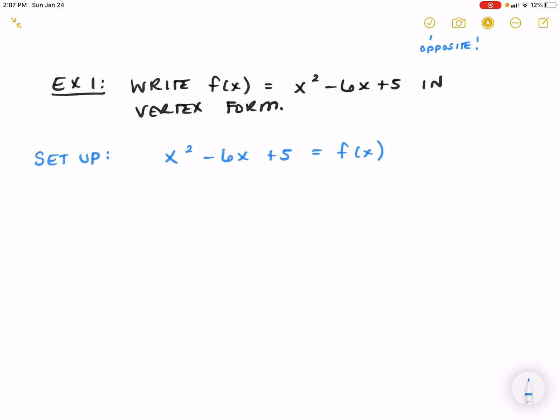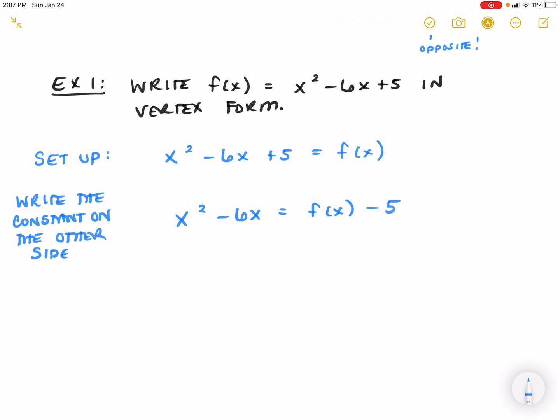Our first step of completing the square is to write the constant term on the other side of the equation, using whatever opposite operation we need. In this case, we're going to subtract the 5 over to the other side, and it's going to look like f of x with the minus 5 over there on the right.